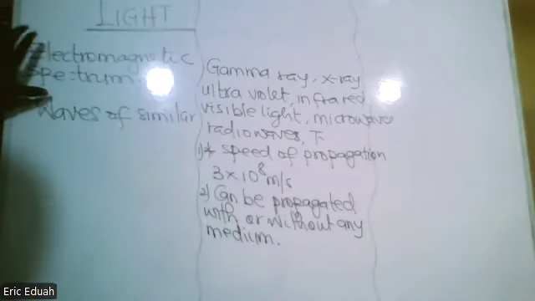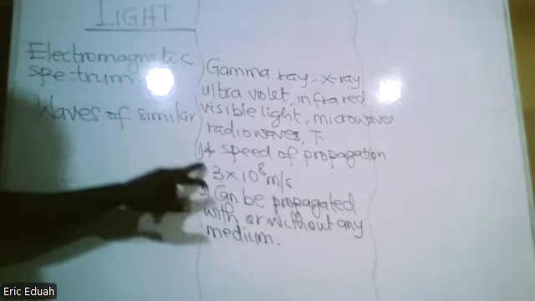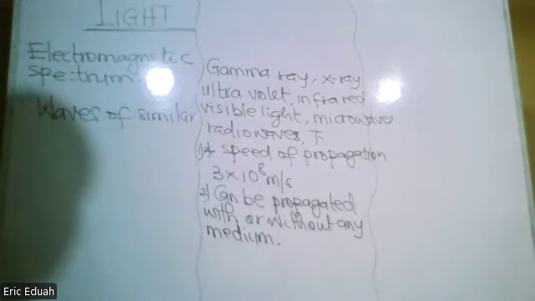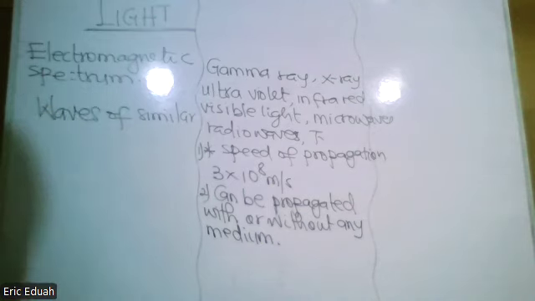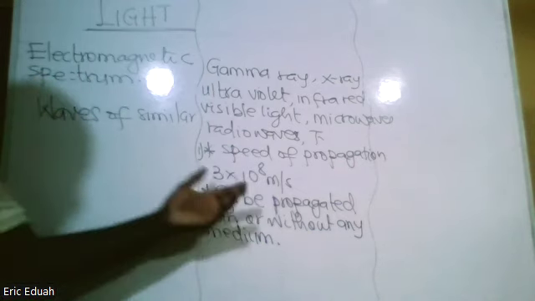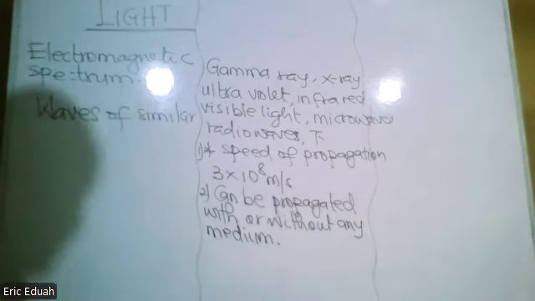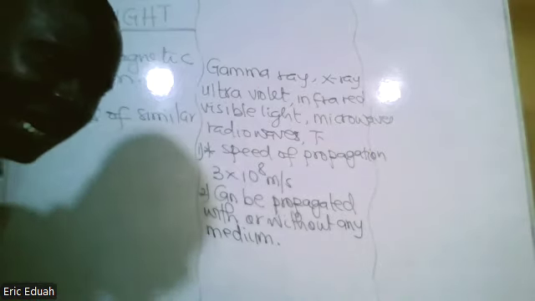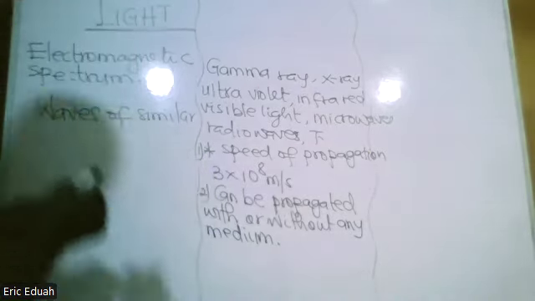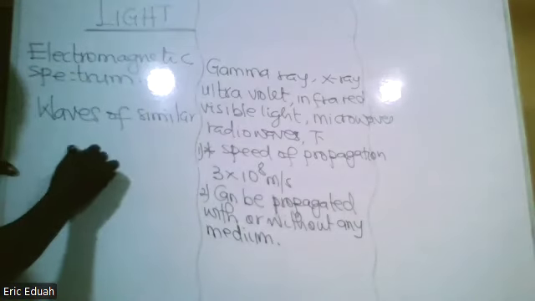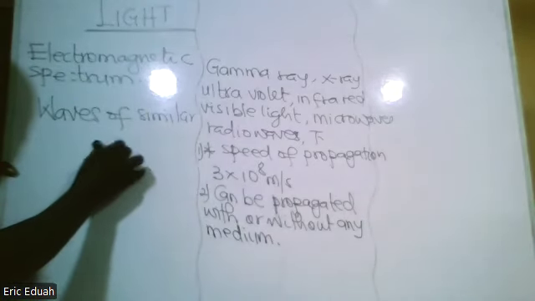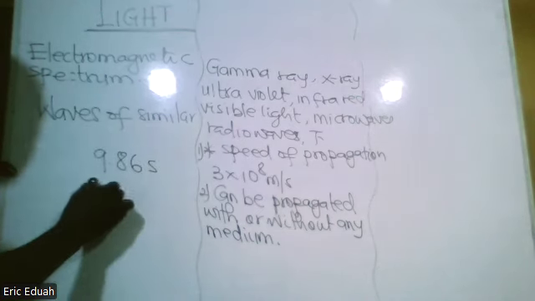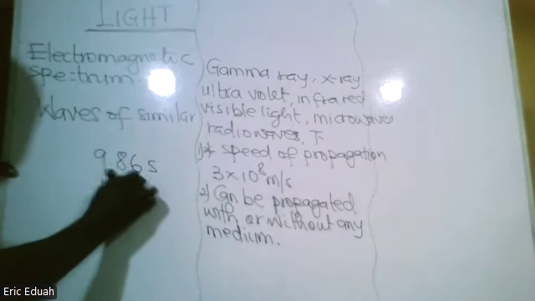All the waves under the electromagnetic spectrum travel at a speed of 300 million meters within 1 second. Can you imagine that within 1 second, something can travel 300 million meters? Usain Bolt, when he was younger, we were told that Usain Bolt uses 9.86 seconds to complete 100 meters.